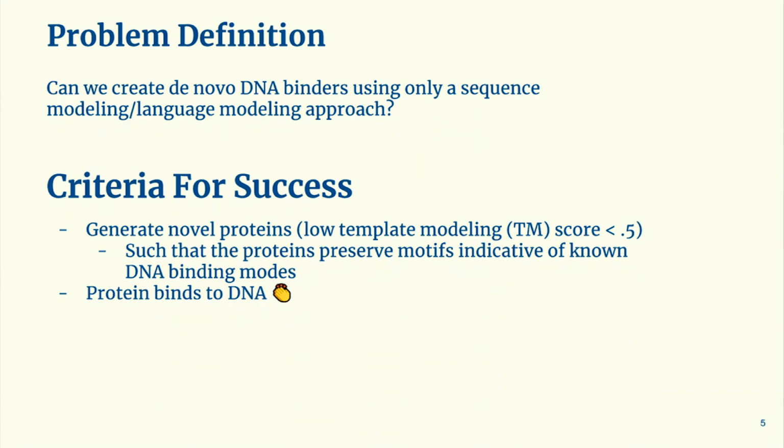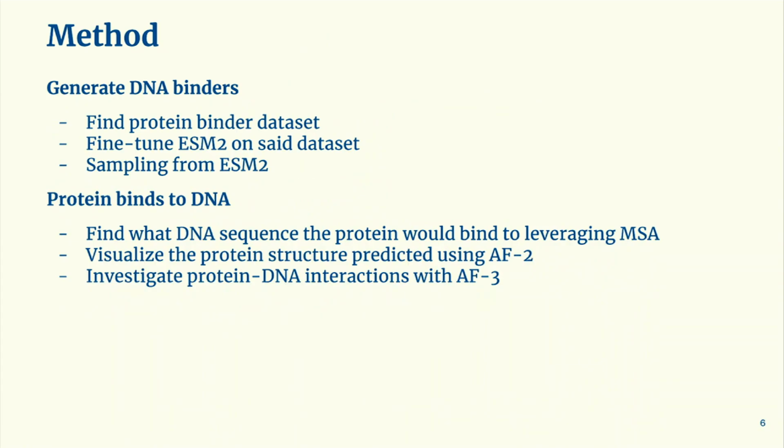First, we want to generate novel proteins with a low template modeling score, while the proteins still preserve the motifs of known DNA binding modes. The second objective is that we want our proteins to work, so we want them to bind to the DNA sequences that we want them to bind to. Okay, and so that's the problem definition.